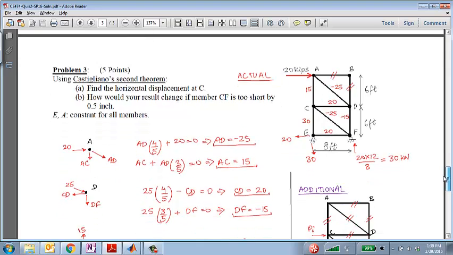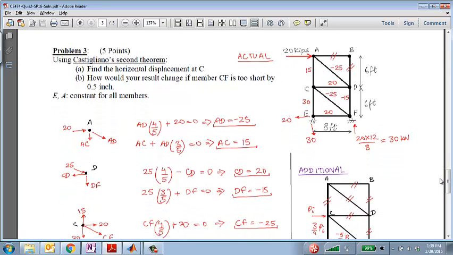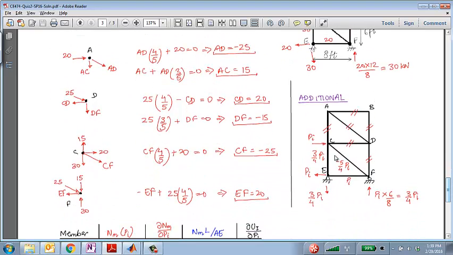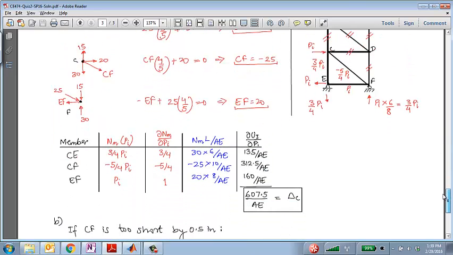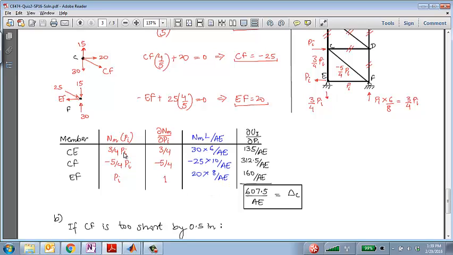Okay, and the last one was basically the truss problem, solving for the real system and solving for the virtual system. For the virtual system, you should have noted that almost all of the members are zero force, which allows you to account only for those 3 members which are non-zero force members.